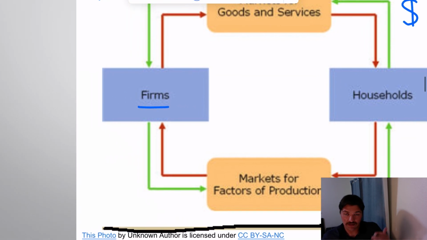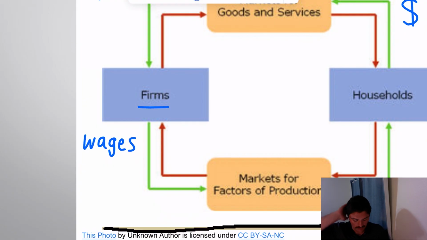So basically, what do we do? Well, we have to pay the labor. So we're going to give the labor wages. Wages is how much you get paid for working. Another thing that you might have to do is maybe you have to rent out a space, right? Maybe you have to rent the building that you're in, or maybe you have to rent the equipment that you're using to produce a good.